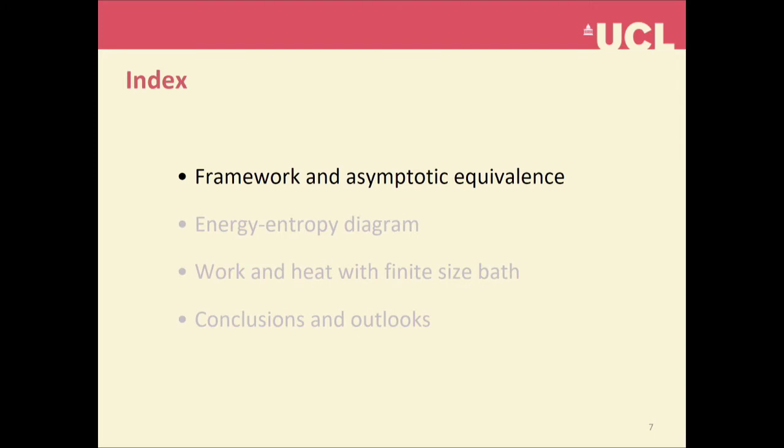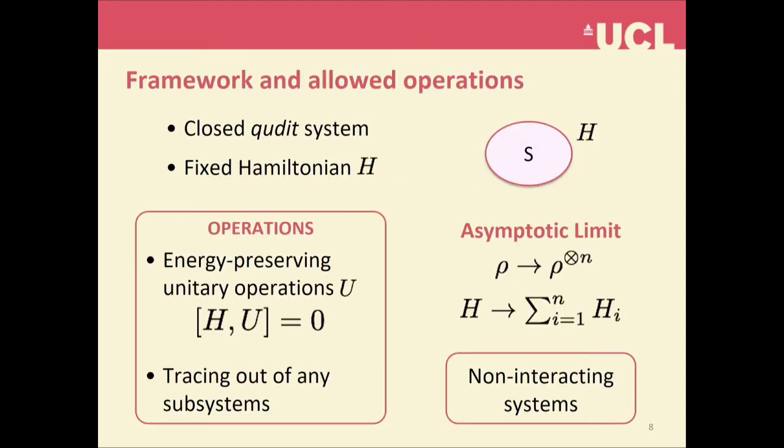So let's start with the framework. What we consider here are d-level quantum systems, like qubits, with a fixed Hamiltonian. We are allowed to operate over this system with these two fundamental operations. One of those is energy-preserving unitary operations. So again, reversible dynamics, which is consistent with the first law of thermodynamics.